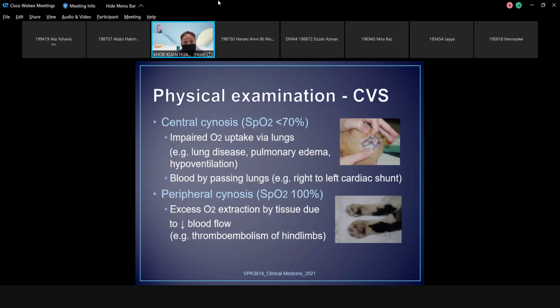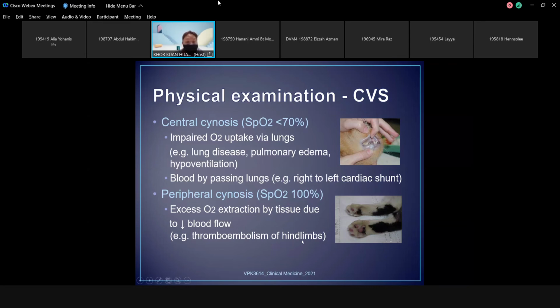Now, peripheral cyanosis is when there is excess oxygen extraction by the tissue due to reduced blood flow. In this kind of scenario, there is often an occurrence of thromboembolism of the hind limb.